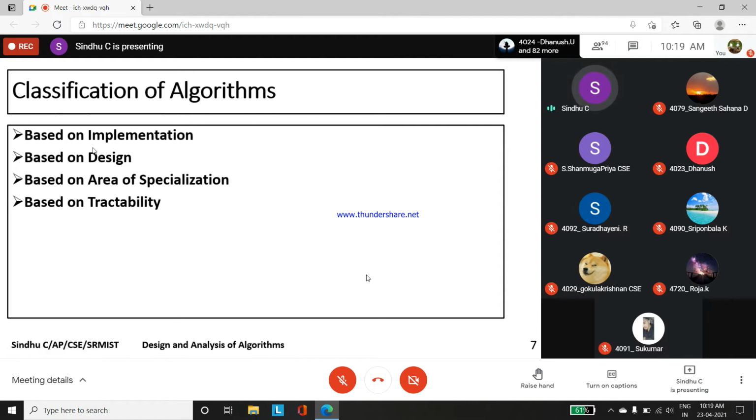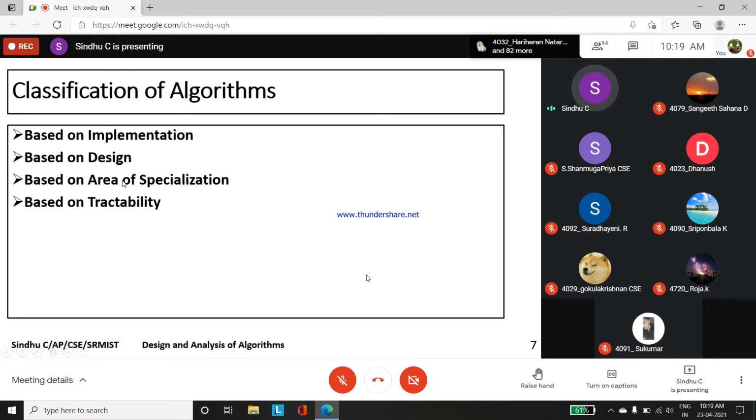Then coming to area of specialization, you can have general algorithms or domain-specific algorithms. General algorithms can be based on sorting, searching, and finding mean, rank, median, those kinds of general algorithms.